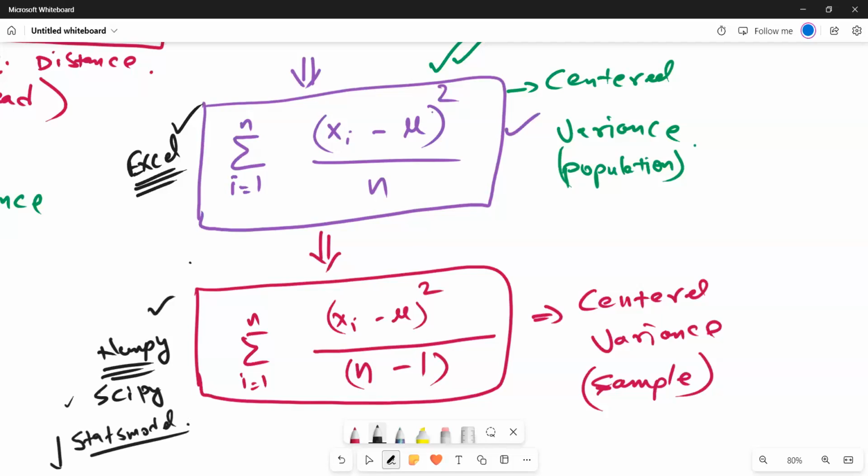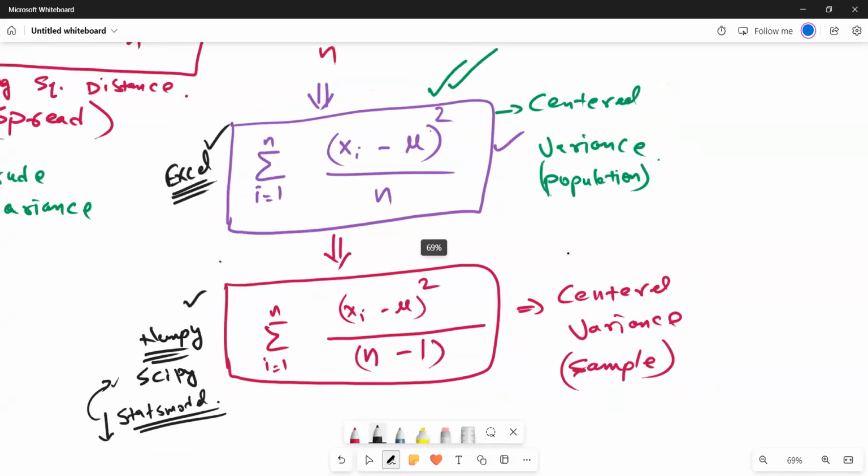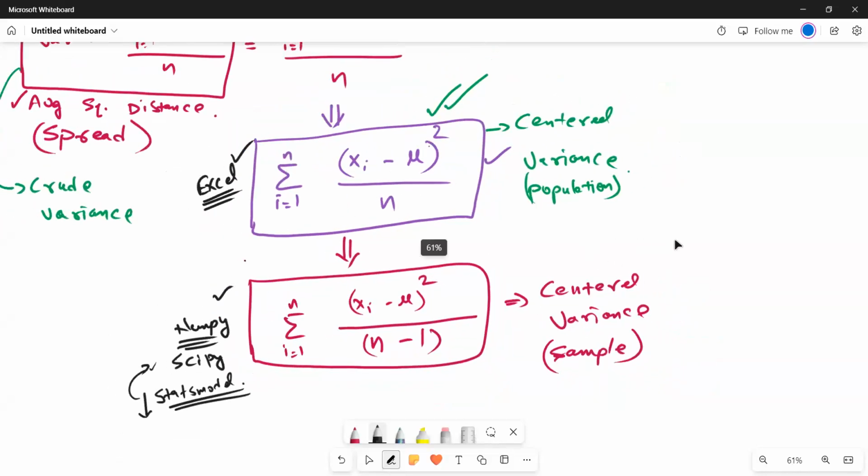This has been deprecated as of now, which means it is no longer being developed, and it is replaced by SciPy. So these are the two formulas that various tools use to calculate the respective outputs.